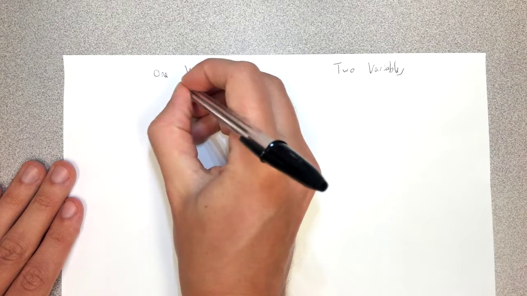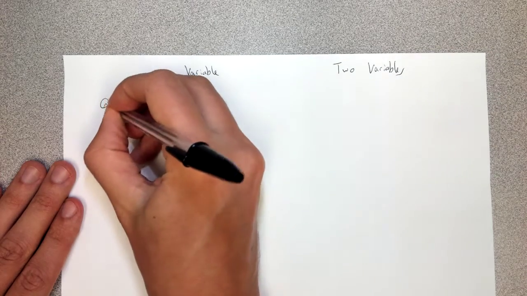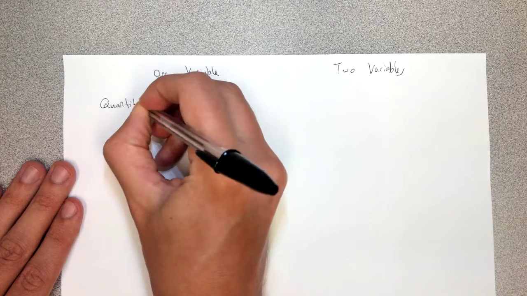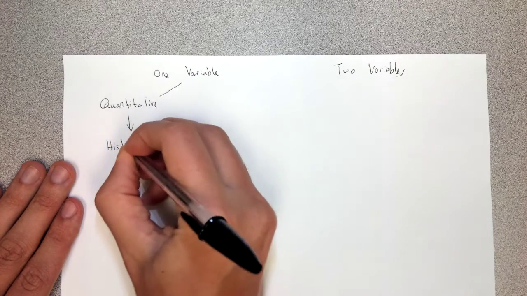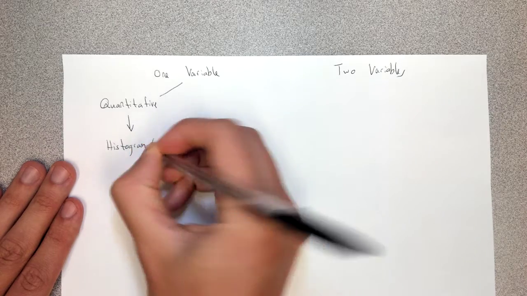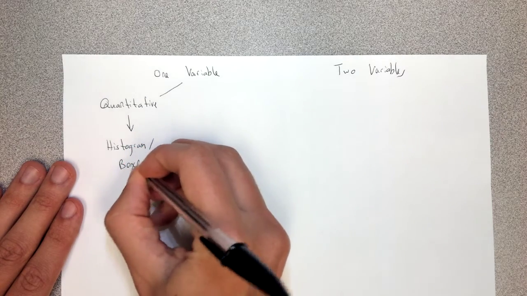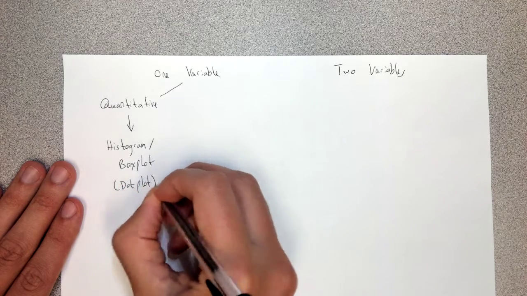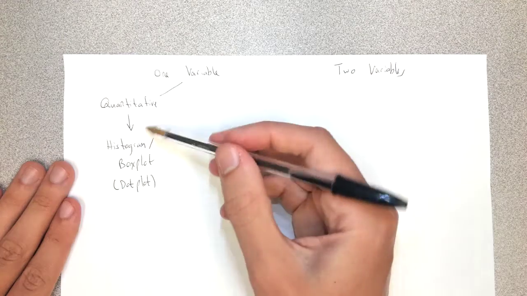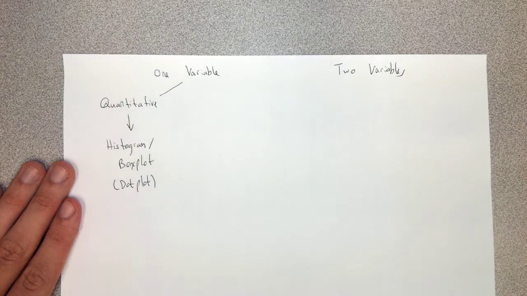For one variable, where we started out, if that variable was quantitative, then we looked at using a histogram or a box plot, and we looked a little bit at using a dot plot. All those were acceptable and useful ways to visualize a quantitative variable like salary or number of home runs hit.